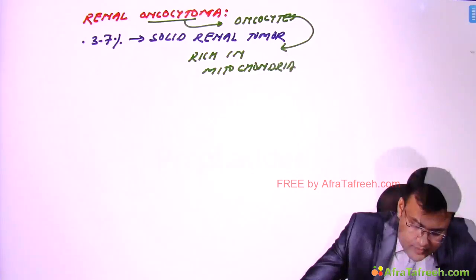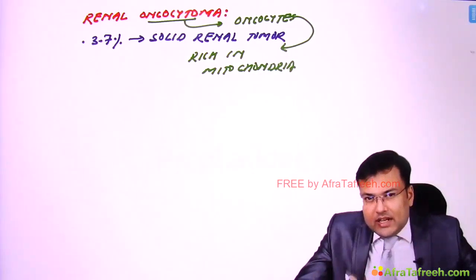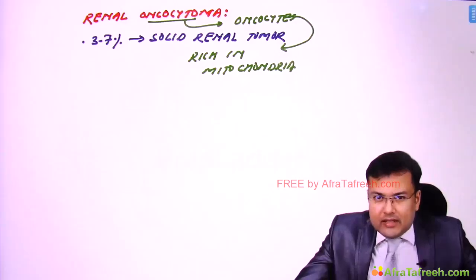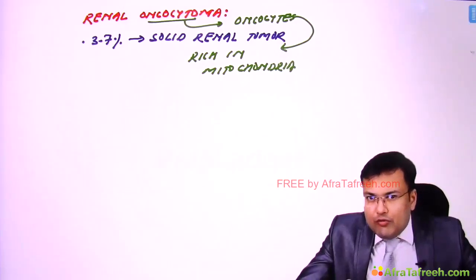Okay, because of this kind of appearance, it mimics one variant of RCC, and which variant is it? The chromophobe variant. So it's exactly the eosinophilic variant of chromophobe RCC.